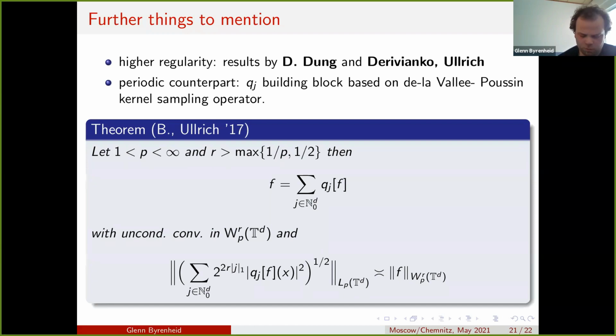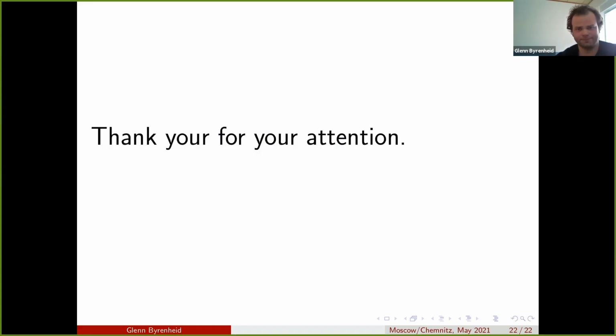And then one can obtain for the periodic setting also such a characterization of norms, where the left-hand side is generated by function evaluations. I forgot to say, due to the similarity to this Littlewood-Paley type definition, we sometimes denote such an equivalent norm as a discrete Littlewood-Paley type characterization. Thank you for your attention.